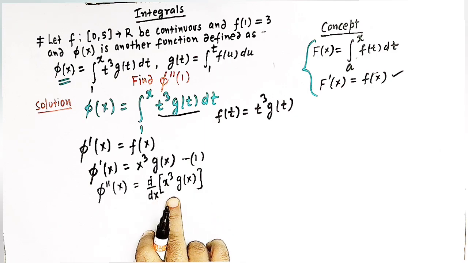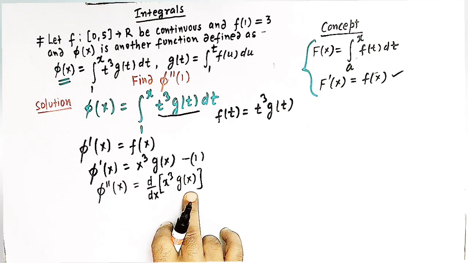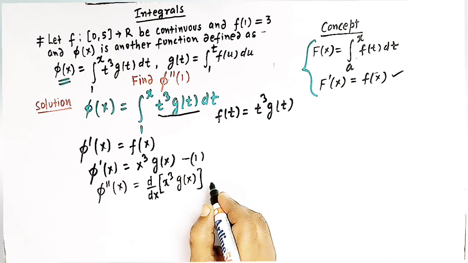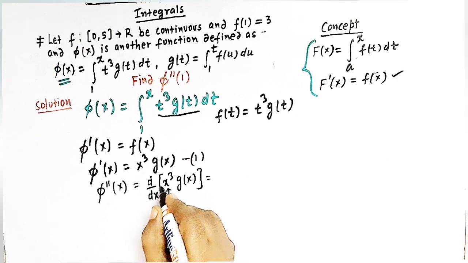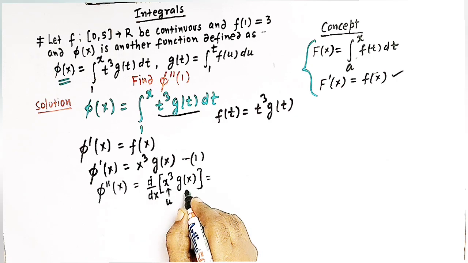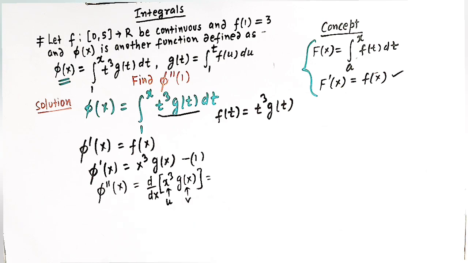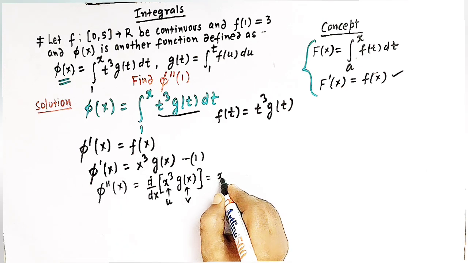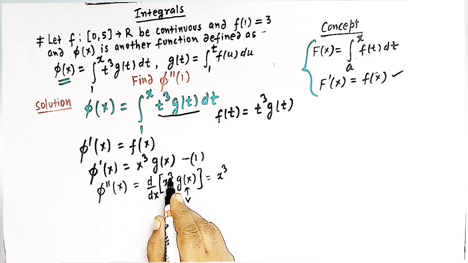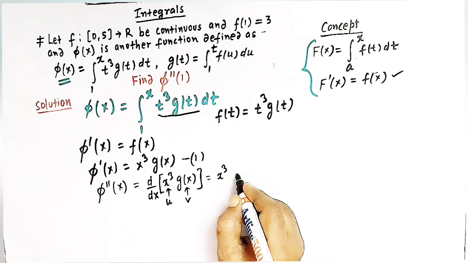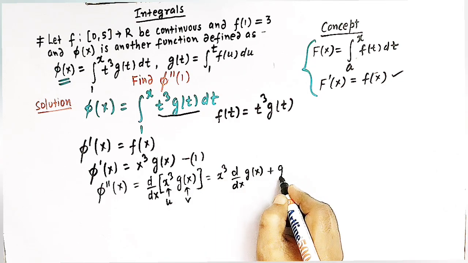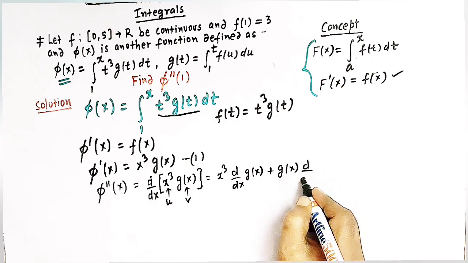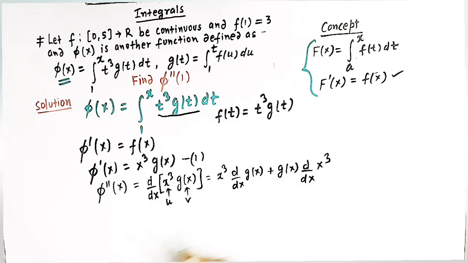Now in order to differentiate this function, we can see that this is the product of two functions, right? So using the product rule, here x cube can be taken as u, and g of x can be taken as v. So we have the first function, that is x cube, times the derivative of g of x, plus g of x times the derivative of x cube, right?